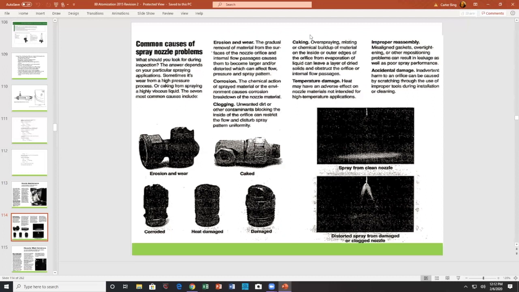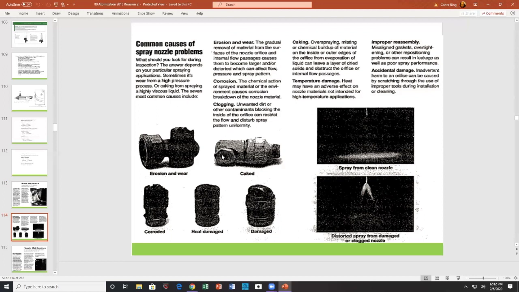What I find fascinating is this clogging or caking phenomena. I can take a very wide orifice and I can feed a very fine slurry through that thing.